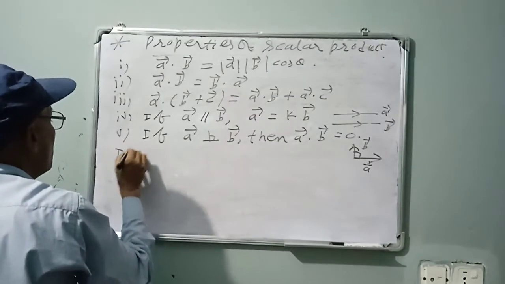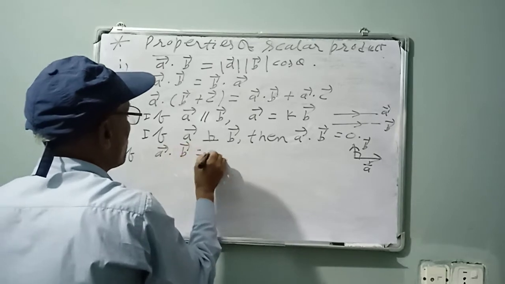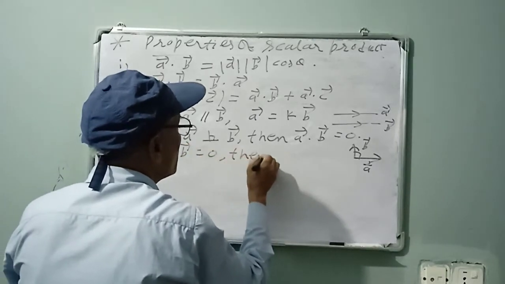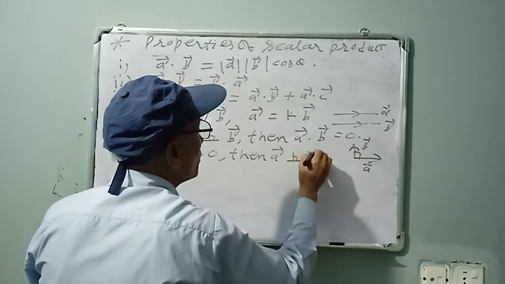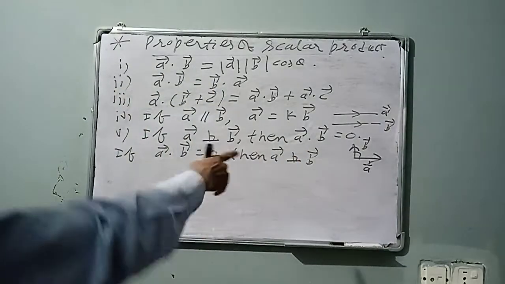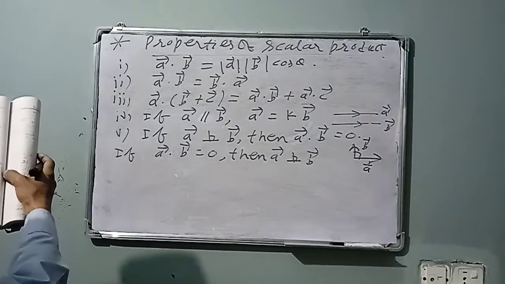Conversely, if vector A dot vector B equals 0, then vector A is perpendicular to vector B. Perpendicular vectors are also called orthogonal vectors.